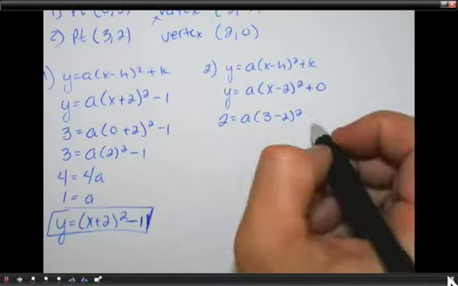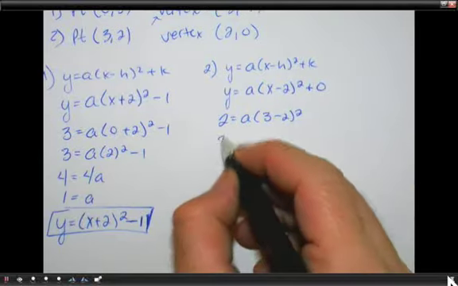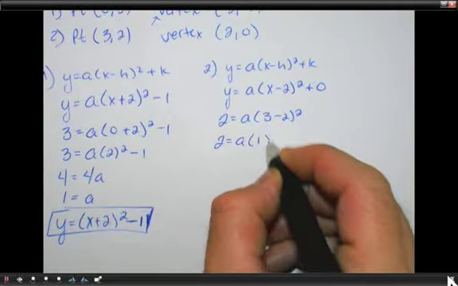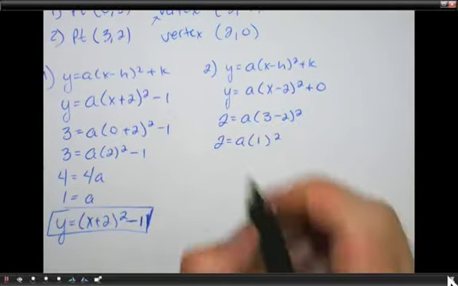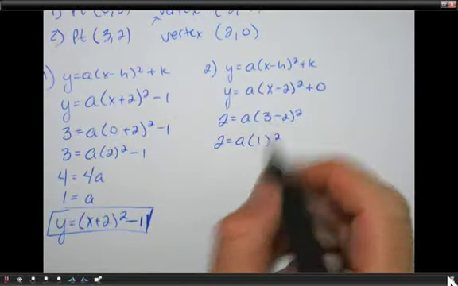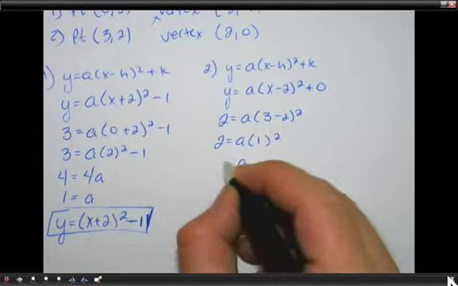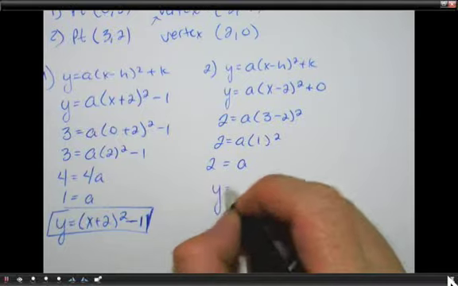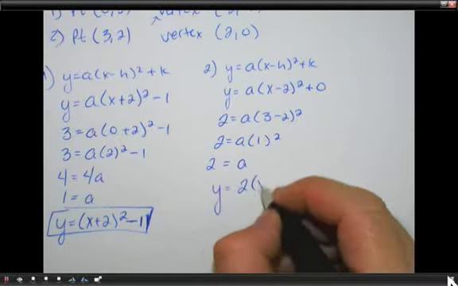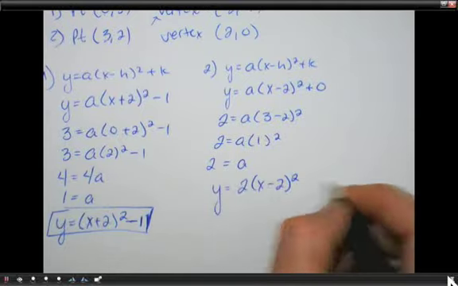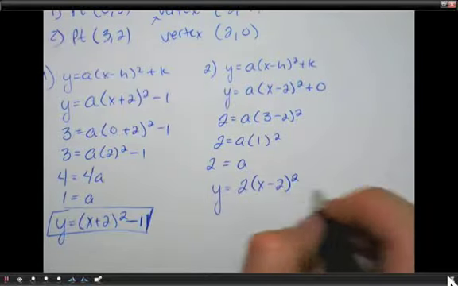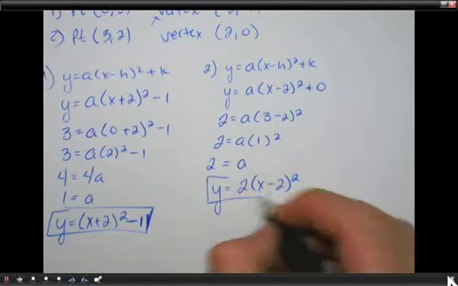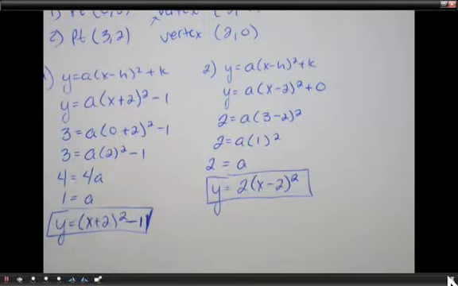I'm not going to write that plus 0 anymore. That's not necessary. Man, I chose easy problems. So notice this thing became 1. 1 squared is 1, so I actually get a equals 2. And I'm going to go ahead and rewrite my function as y equals 2 times x minus 2 squared. If you really want to write the plus 0, like you're compelled to do it, do it. But otherwise, that's your answer.